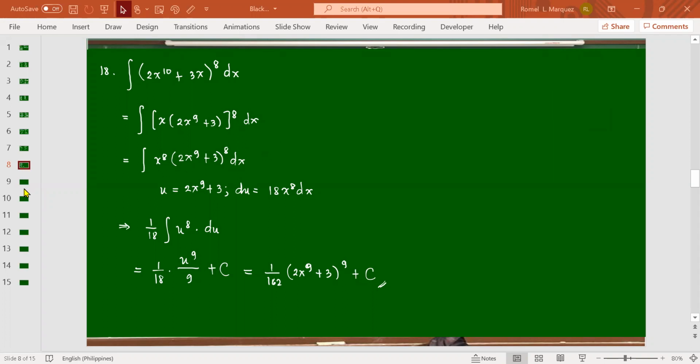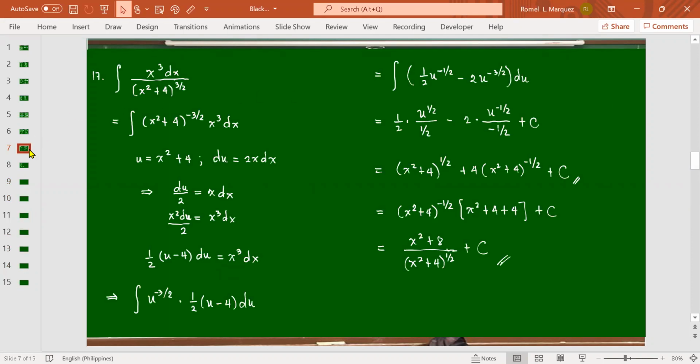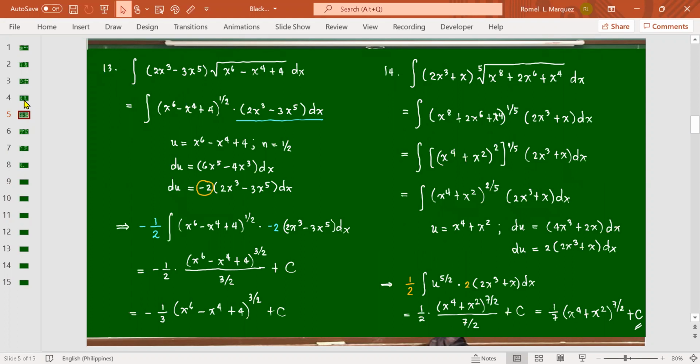Yung sinagutan ko po pala kanina, yung sa 14 po, may correction lang po ako. Bago po natin siya i-anti-differentiate, yung U po, raised to 2 over 5 po ata dapat siya. Anong number? 14 po. Check natin. Ayan po sir, yung nasa taas niyan, yung U po, si 5 over 2 po. Dapat po ata 2 over 5 po siya. Oo nga, bakit 2 over 5? Kasi po, si U po si x raised to 4 plus x raised to 2, tas 2 over 5 po siya.